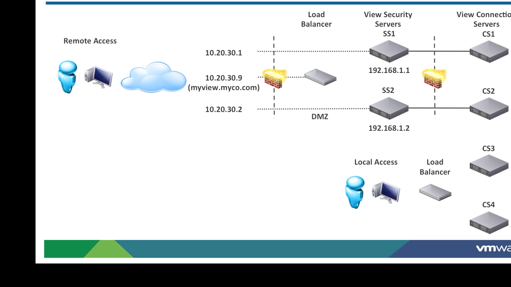So for those users, when they connect to CS3 or CS4, they're going to be able to perform PCoIP directly to the virtual desktops. They don't need to go through a security server. They're not accessing the environment remotely. So in this case, CS1 and CS2 have been configured to gateway PCoIP, but CS3 and CS4 have not, and that means that they will perform PCoIP connections to users of CS3 and CS4 directly.